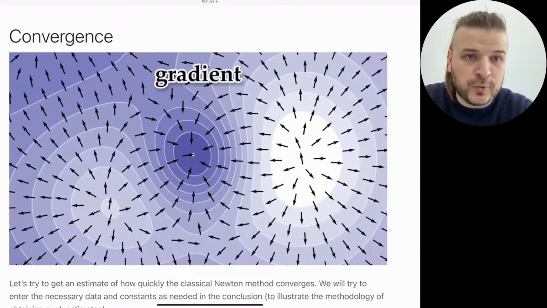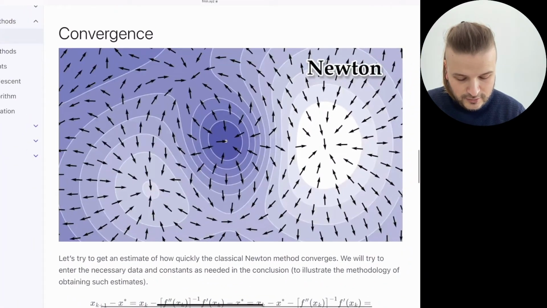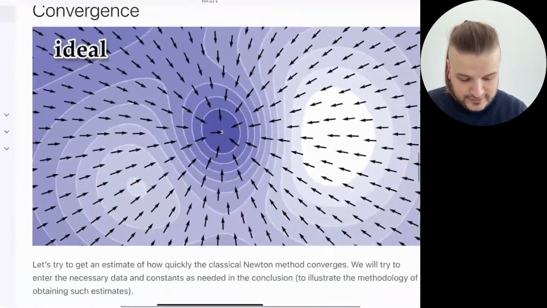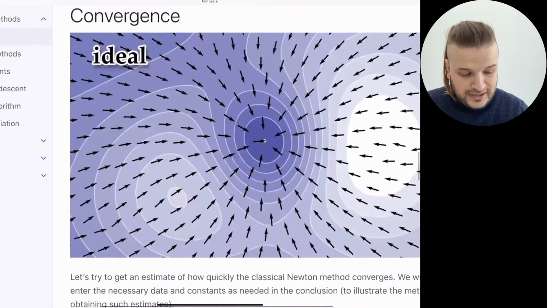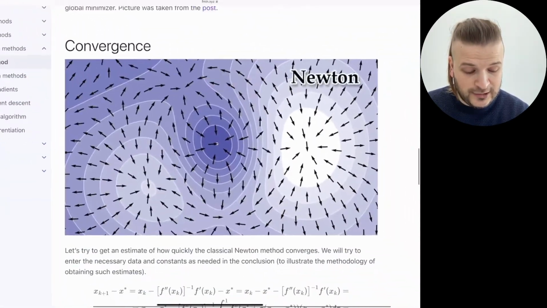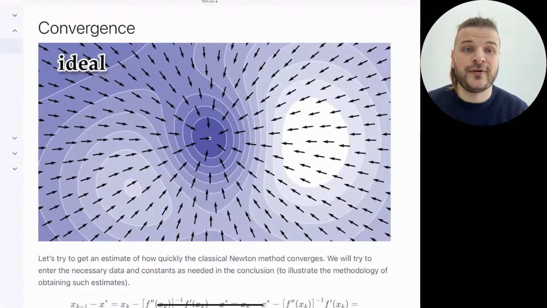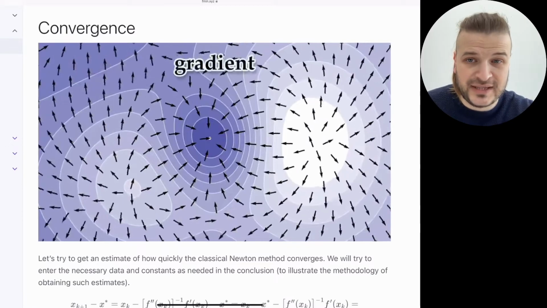That's the contour plot for a function which has two minima, on the left and on the right, and it also has a local maximum here. Let's take a look at the field of directions of different optimization methods.